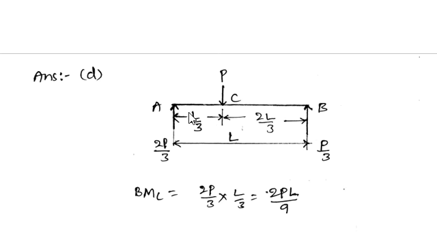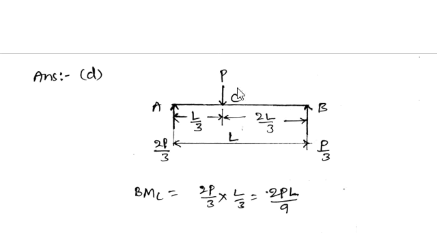So we know when a simply supported beam is acted upon by a concentrated point load, and if these are the distances, suppose L by 3 and this will become 2L by 3, the reactions will be in the inverse manner.